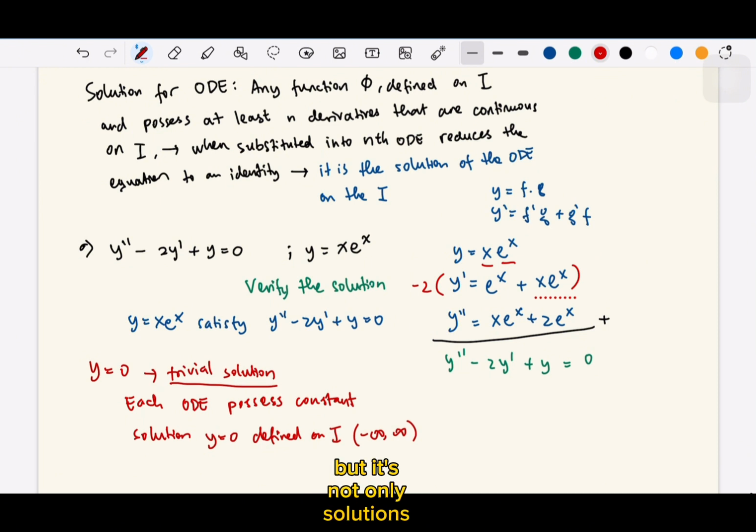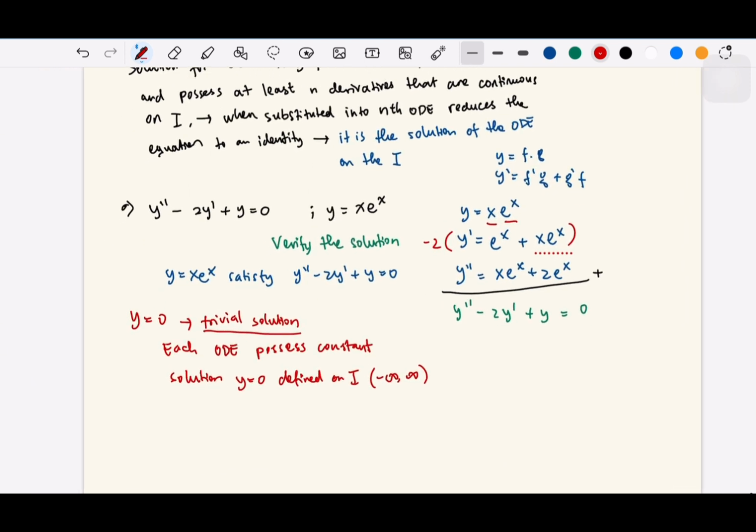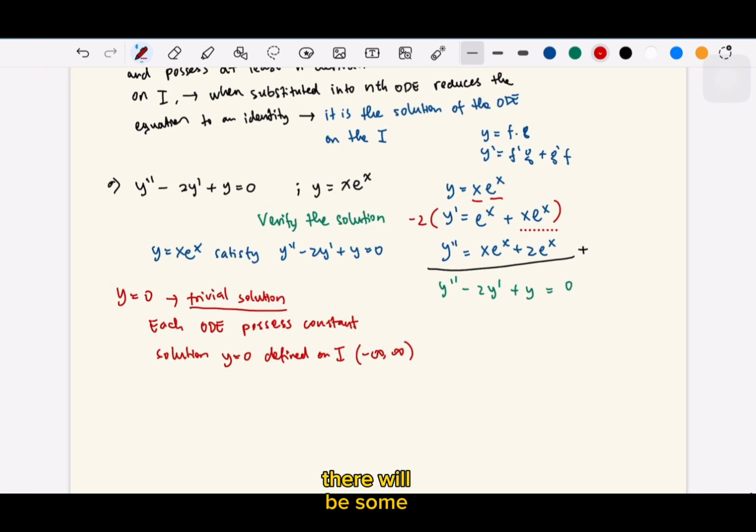But it's not the only solution, and it's not really meaningful, because it's true that it's satisfied, but it's not really what we wanted. So we call it a trivial solution. Later we are going to have specific terms, like particular solution, and that will be the meaningful one, the one that we want to find.